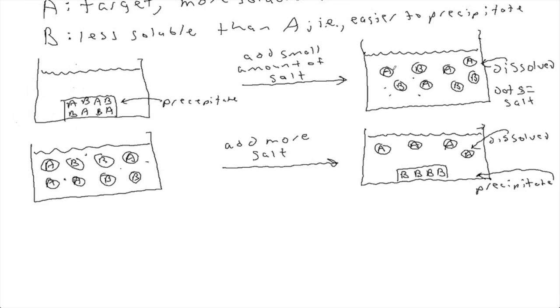This picture is supposed to be the same as this one. And now would this picture have more or less salt, or the same amount as the picture on the left? More. Because the whole point here is we're adding more salt. So now I'll write 8 dots to represent more salt. The dots equal salt.